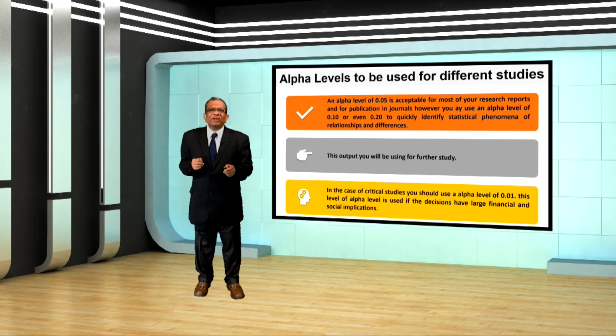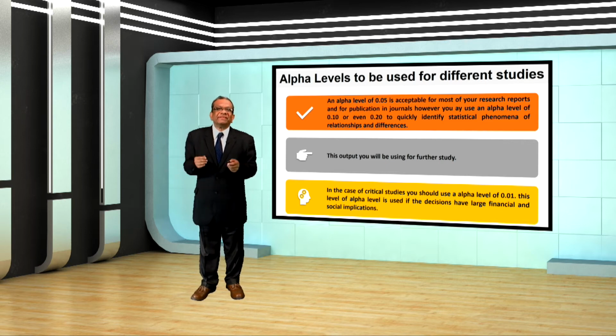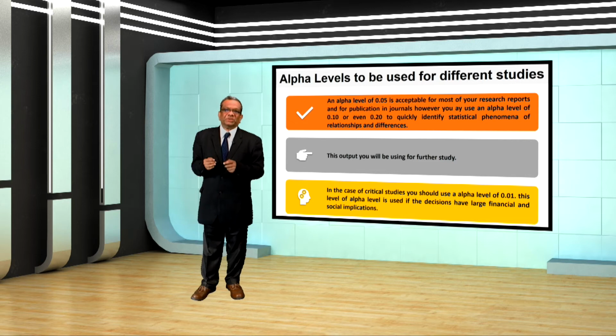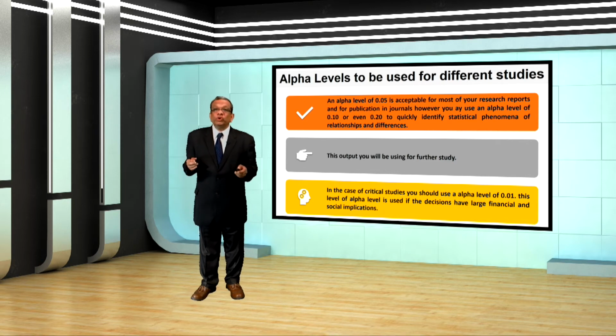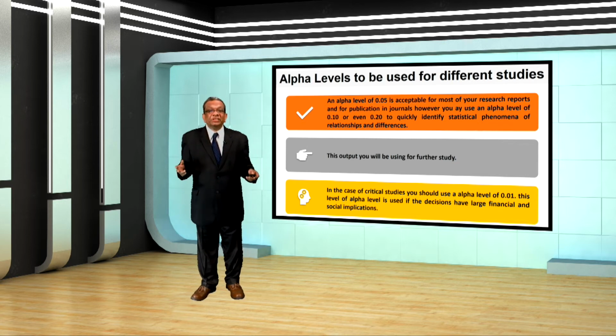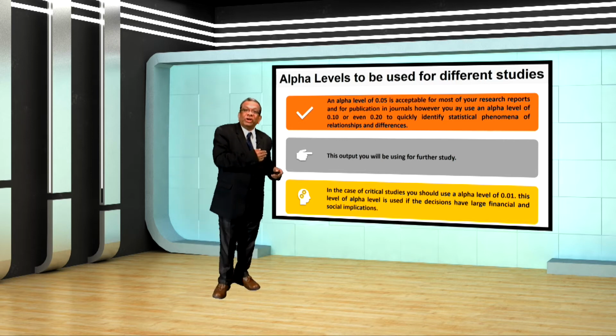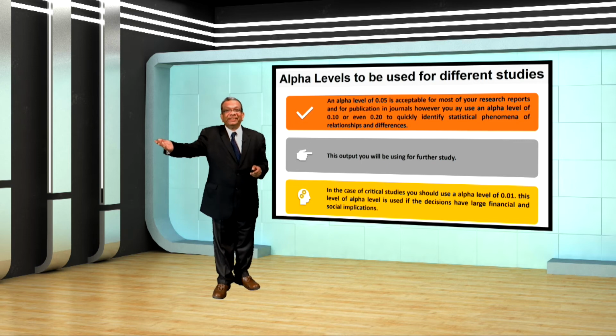Let me discuss something on alpha level. An alpha level of 0.05 is acceptable for most of your research reports and for publication in journals. However, use an alpha level of 0.10 or even 0.20 to quickly identify the statistical phenomena of relationships and differences. Therefore, this output you will be using for further research.